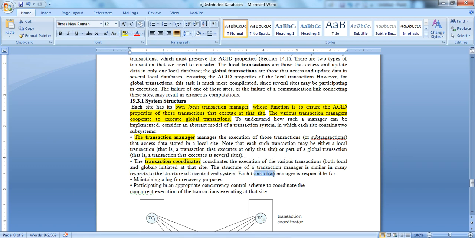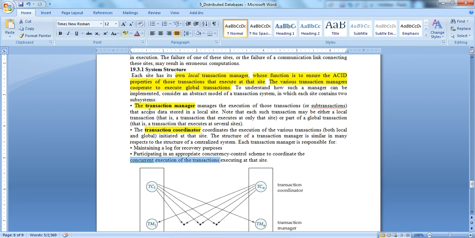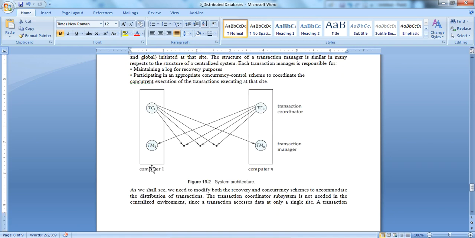Each transaction manager is responsible for maintaining the log for recovery purposes, and participating in an appropriate concurrency control scheme to coordinate the concurrent execution of transactions executing at that site. That is the responsibility of the transaction manager. Now this is the system architecture: transaction coordinator and transaction managers.